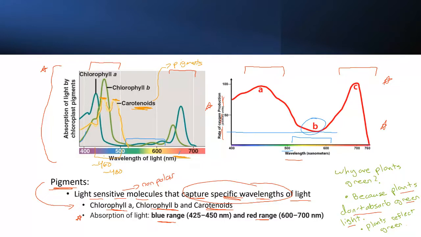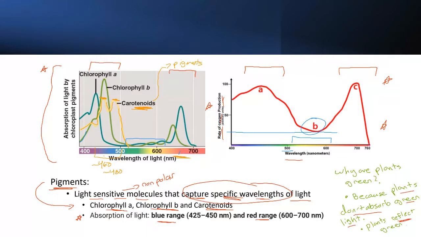So there are two things that are going to happen here. If they're not absorbed, they're going to be reflected. So why are plants green? Because green, as you can see over here in one of the graphs, is not absorbed very well. Because it's not absorbed, it's going to be reflected. Okay? If a color is not absorbed, it's going to be reflected.